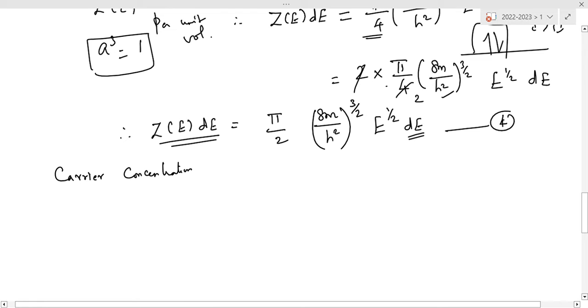Now to find the carrier concentration of the metal.